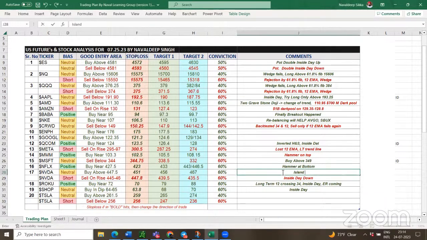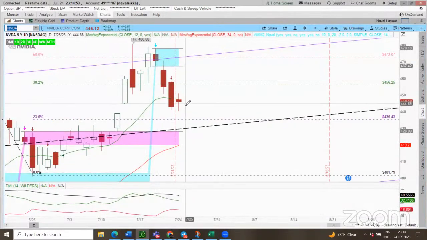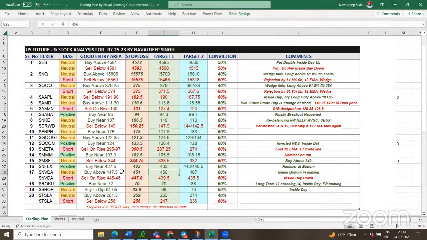It's an island bottom in the making. Stop loss for this, I don't think so. We need a stop loss, but for 445, a very small, tiny stop loss on this. Now, in case you want to sell it, I'm giving it 40%.